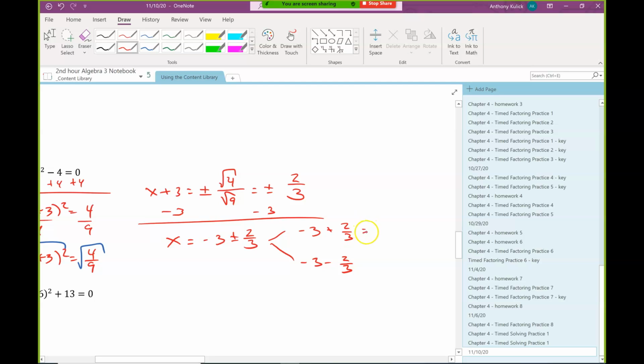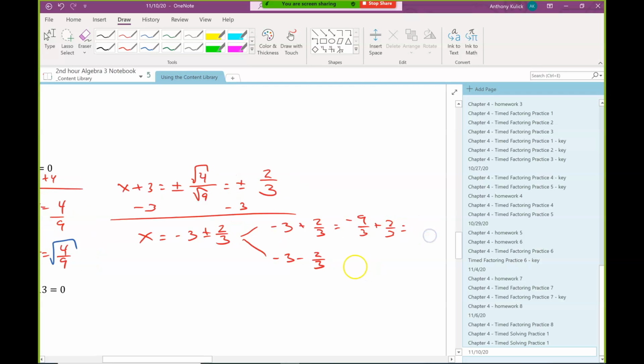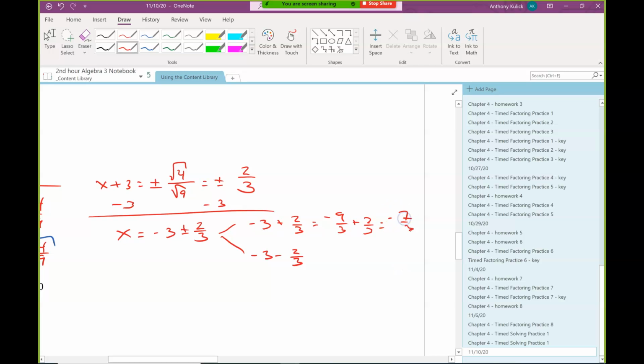To add these fractions, I need to make a common denominator. That common denominator would be 3. So when I multiply negative 3 over 1 by 3 over 3, it creates negative 9 over 3. And negative 9 over 3 plus 2/3 is negative 7/3. So there's one answer. And similarly, negative 9 over 3 minus 2/3 is negative 11/3. And there's my other answer.